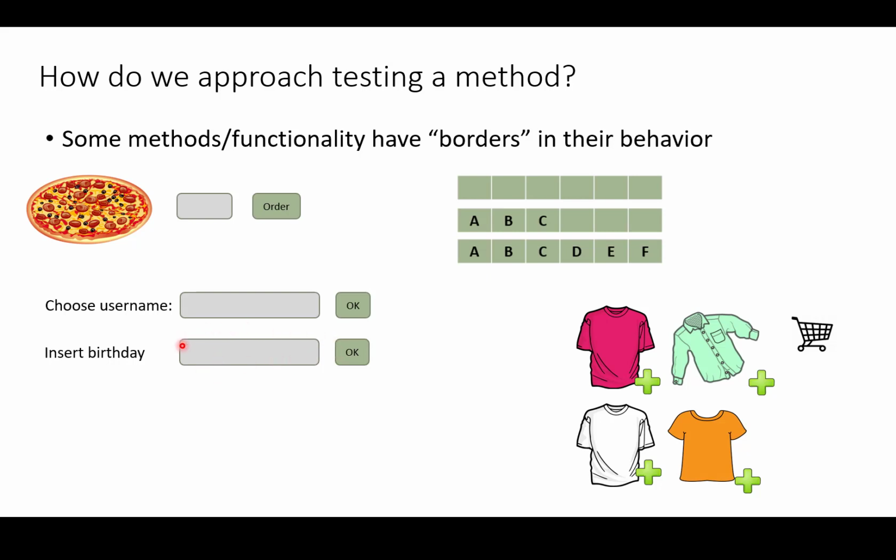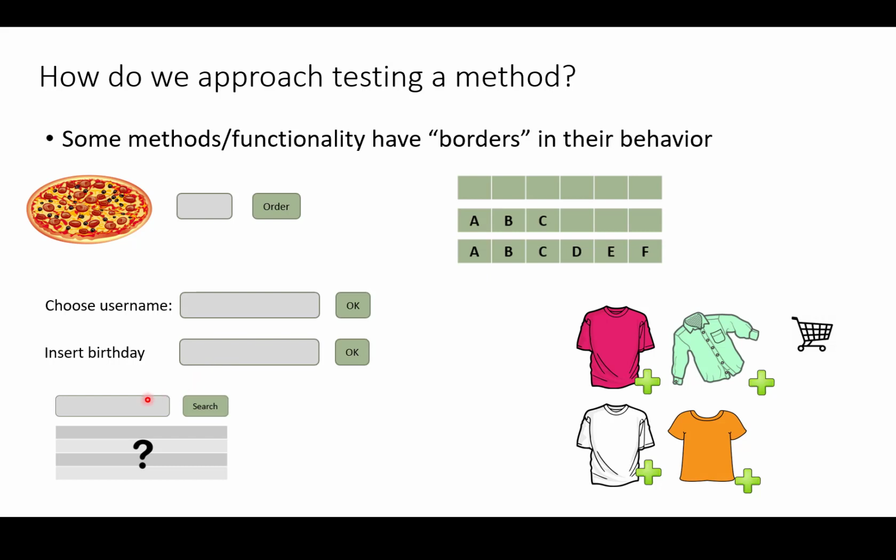So you have some border where the functionality changes. If I insert dates from 1 to 28, anything in between, that would just be okay and that would behave the same. But there is a border at the end, somewhere between 28 and 31. And last example, which may also apply to your semester project, I have a search bar.